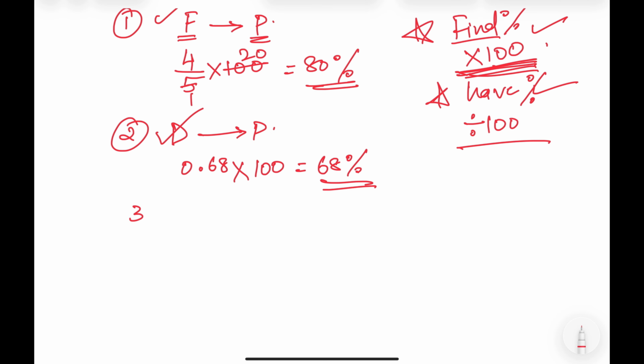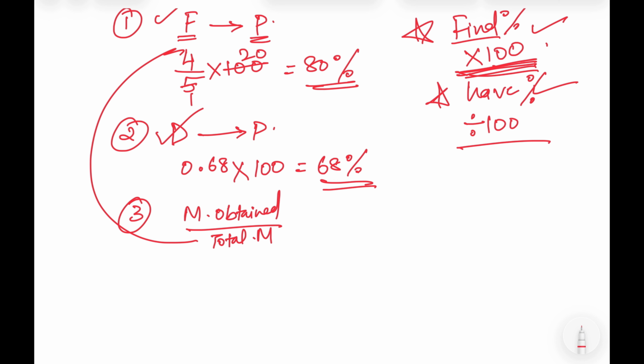Okay. The third, where do we find percentage? Suppose when you get the marks, the report card, right? In that, we take the marks obtained by you and the total marks. Again this becomes a fraction, right? So to convert the fraction into percentage, again what do we do? We multiply by 100, right?